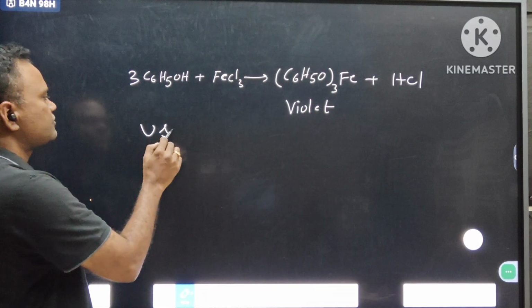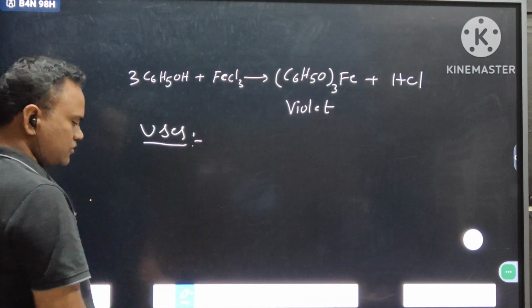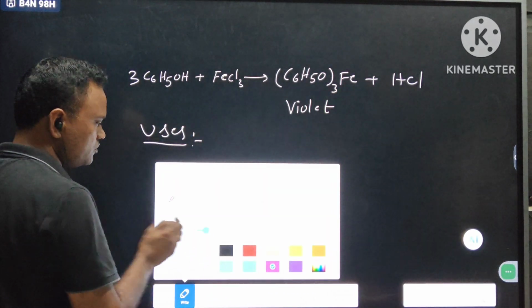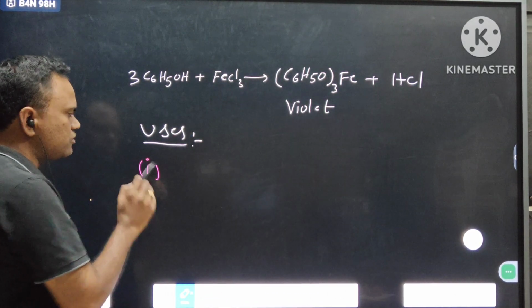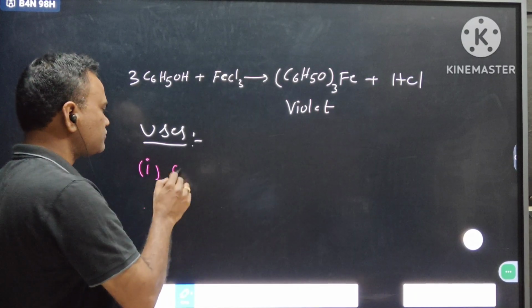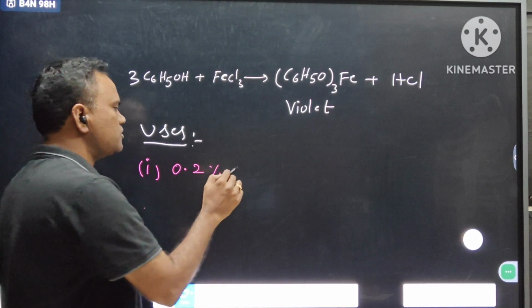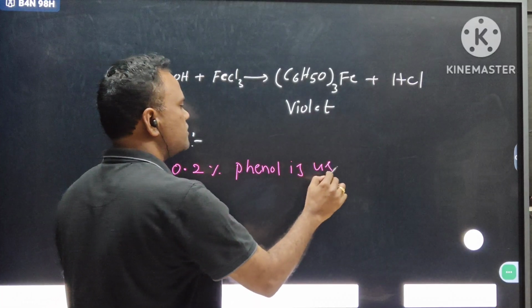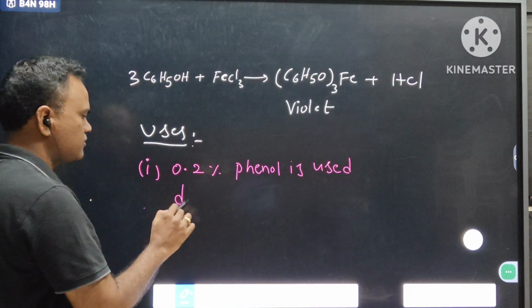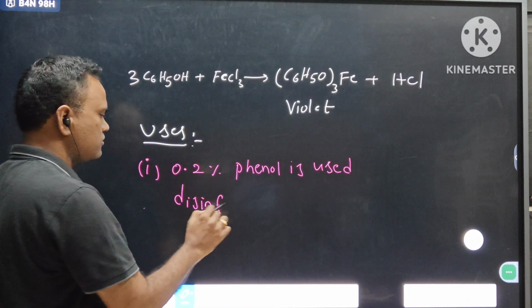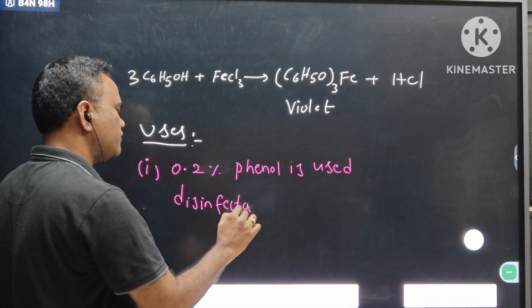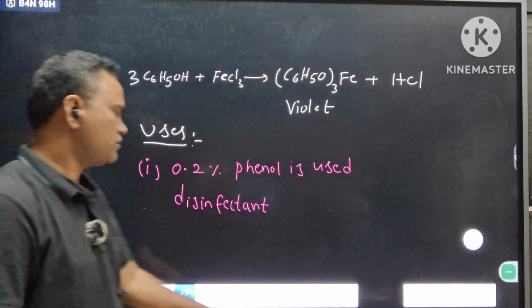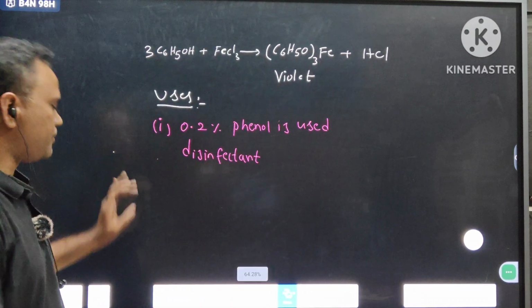Uses of phenols. What are the uses of phenols? 42% phenol is used as disinfectant. Phenol is used in the preparation of dyes.